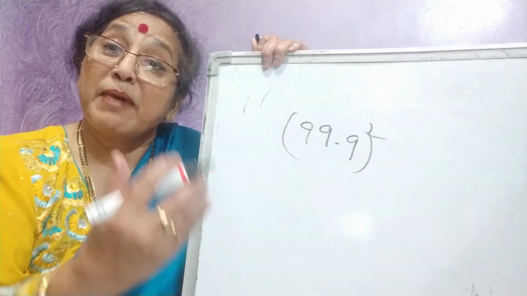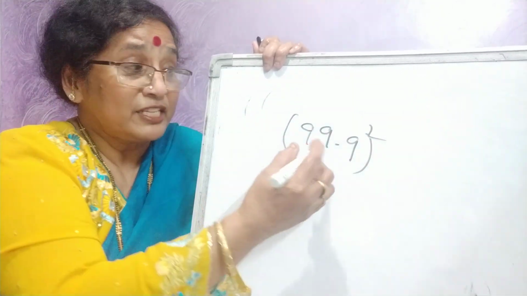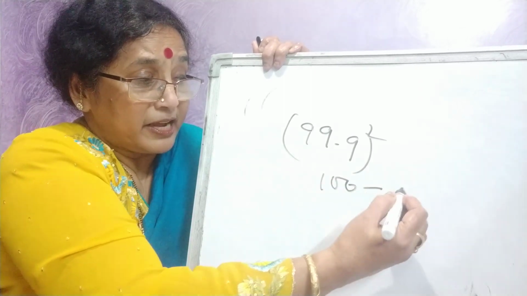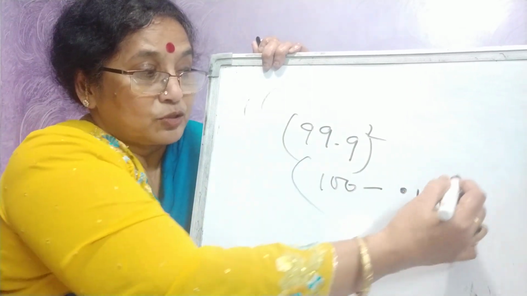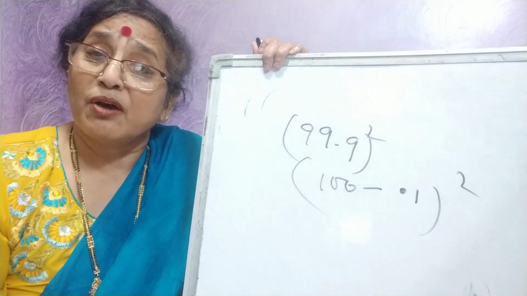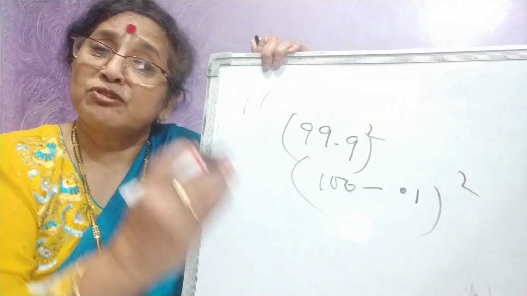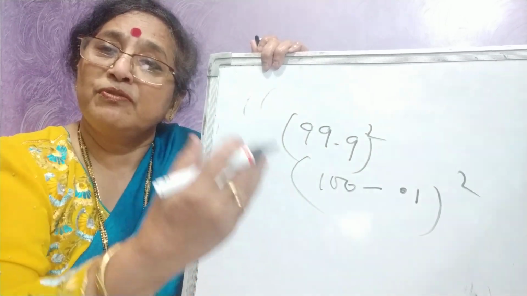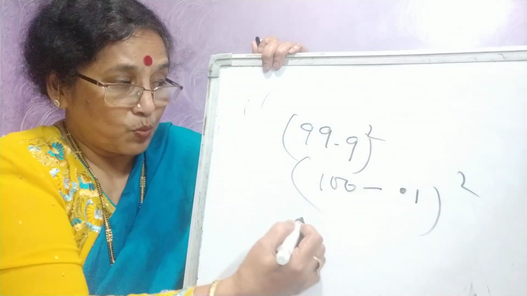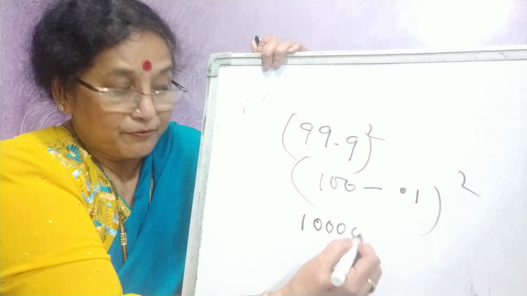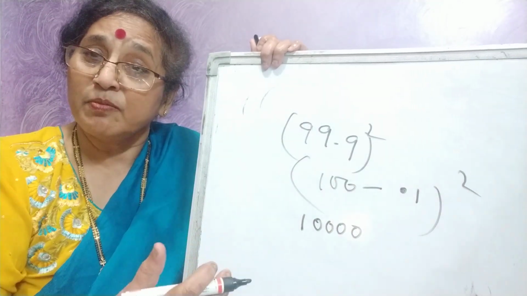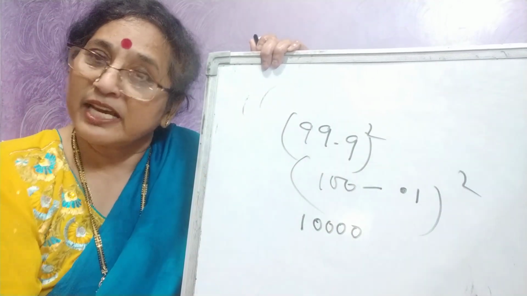So here I don't like it, so I will do (a minus b) whole square. Closest to 99.9 is 100 minus 0.1. So all decimal numbers you can do now with (a plus b) whole square or (a minus b) whole square. And you should know 100 square: the number of zeros are doubled. With a 1, you have 2 zeros, they become 4 zeros. If it's a cube, the number of zeros become 3 times.